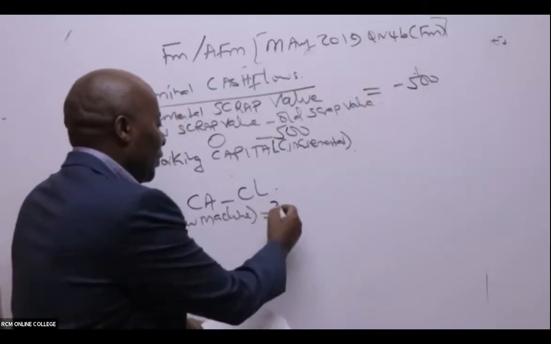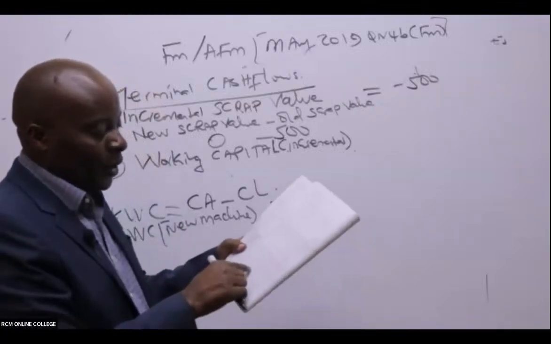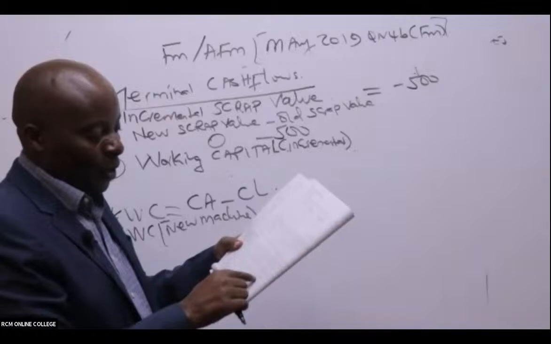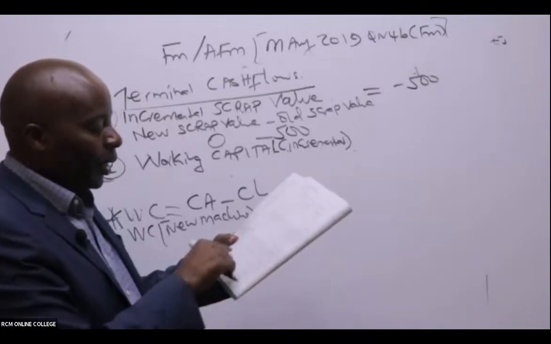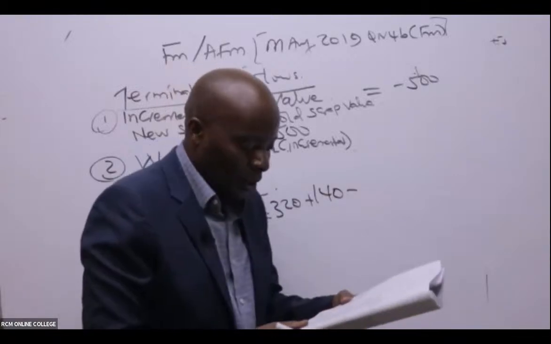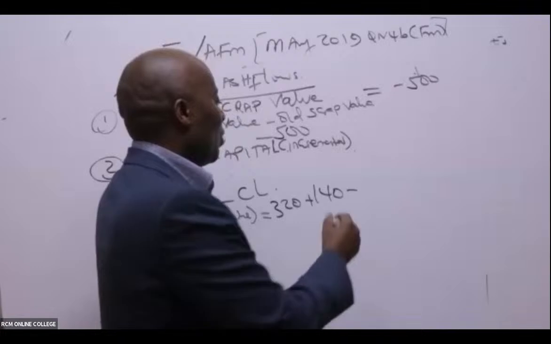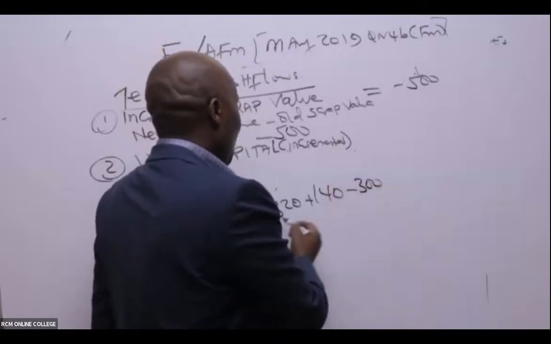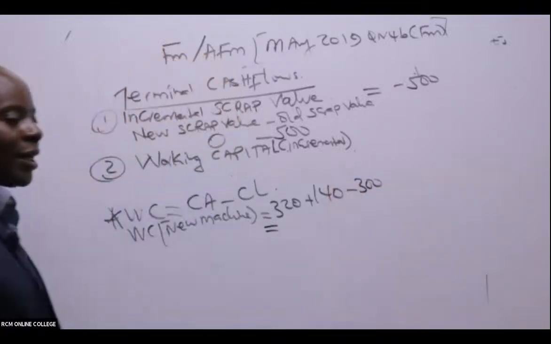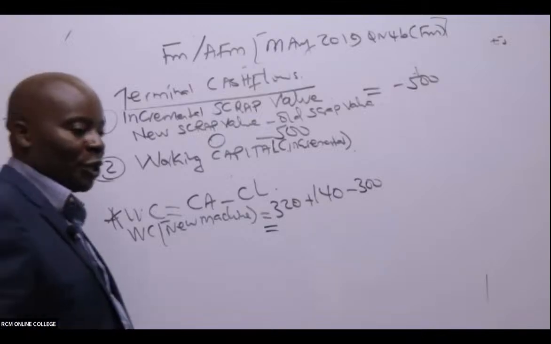In the new machine, which is expected to increase sales, debtors would increase by 320. Inventory will increase by 140, minus creditors, those are liabilities, 300. So this will give me what figure as my working capital for the new machine?